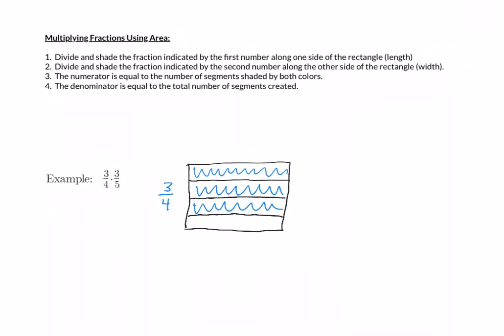Now along the other side I want to shade 3/5, so I want to divide my rectangle into 5 segments because of my denominator. And again I want to shade 3 of them.